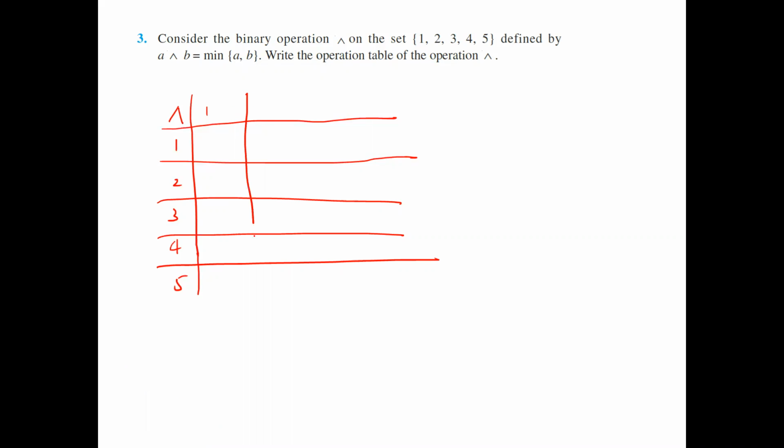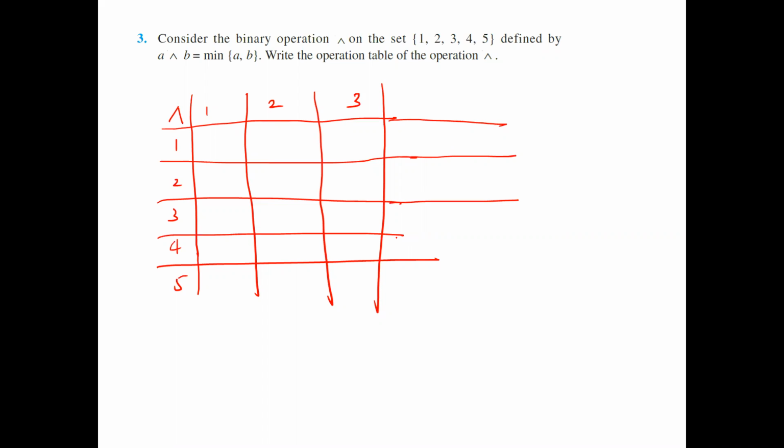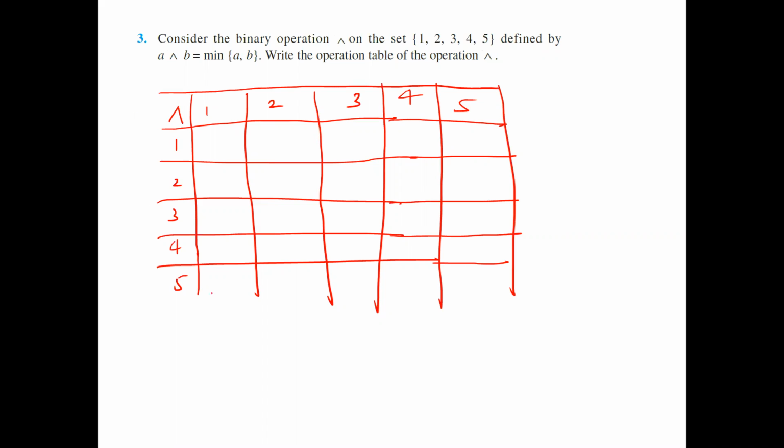So here 1, next 2, 3, 4, 5. Okay. Now if you take 1 and 1, what is the minimum value? 1 and 1 means the minimum value is 1 only.